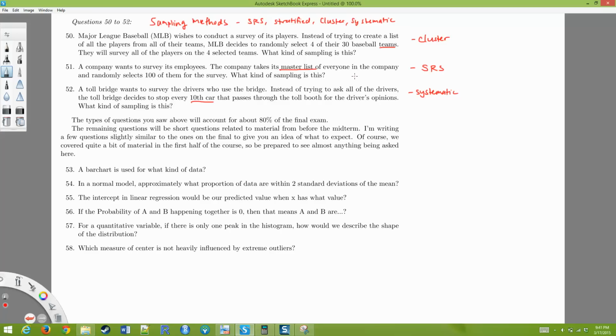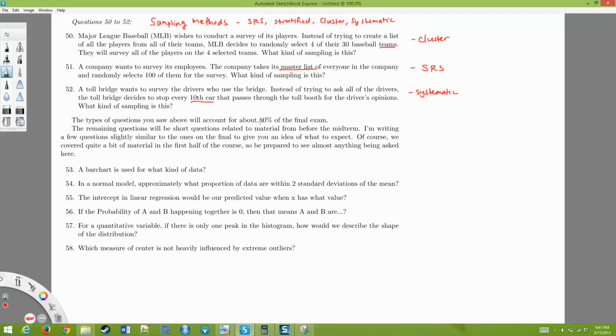But if you struggle with any of this, now's the time to ask questions. Yes? Is it just going to be a random amount of each, or is it going to be one cluster, one SRS, one systematic, and one stratified? I'm not going to answer that question, okay? That's fair. You're going to have to read the question and pick the correct answer.